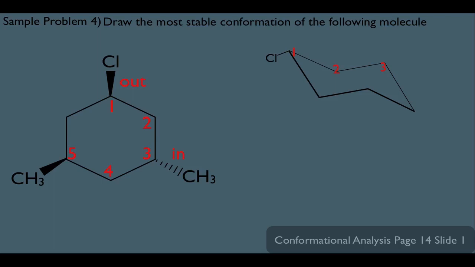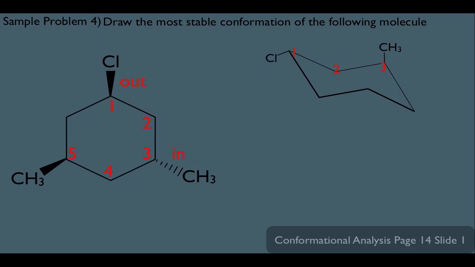Or out could be down and in could be up. All that matters is that these substituents are trans to each other, basically. So that means, look at our chair cyclohexane. If I put the Cl in the down position, then trans to him would be the up position. So I should make the methyl in the axial orientation.